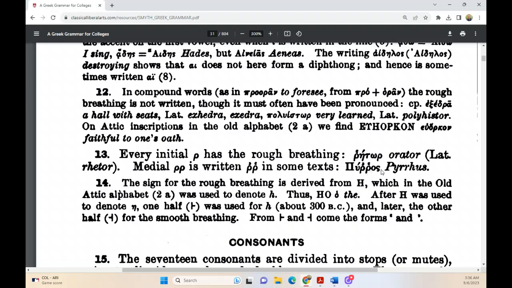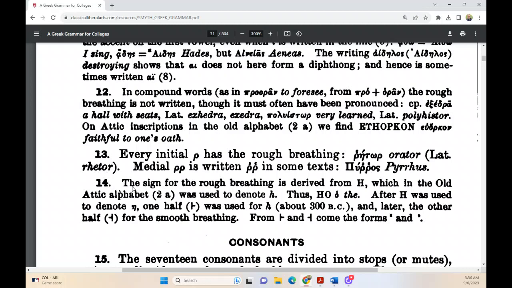And then the second syllable, we have the initial rho with rough breathing, followed by omicron and a final sigma. And we would pronounce that as hros. Pur, hros. So note the breathing marks over the Greek rho.